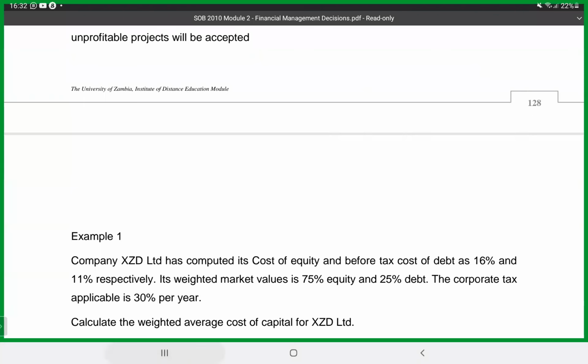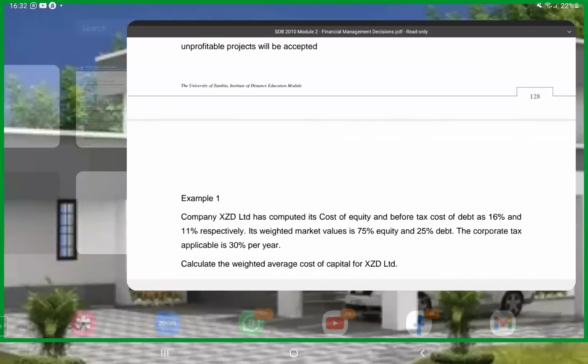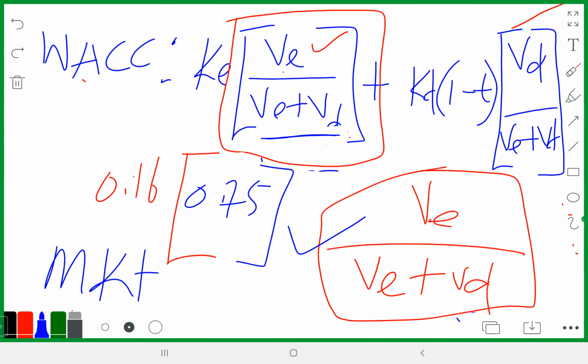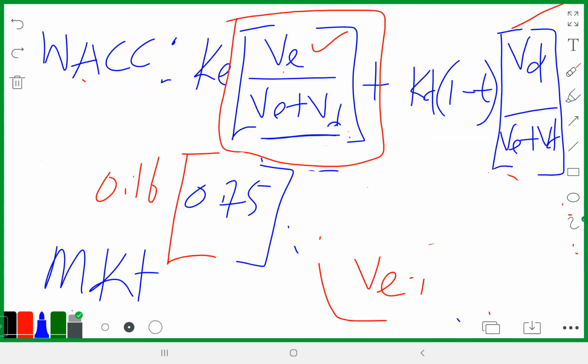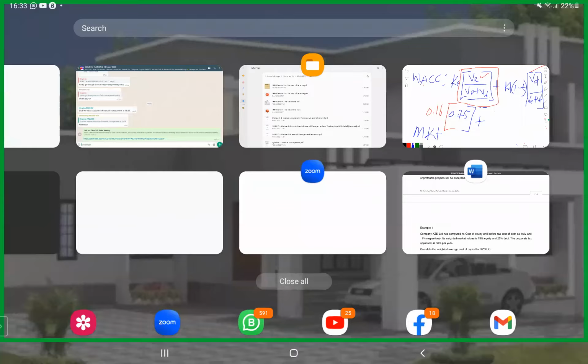So here we are putting 0.75 as the market weight of equity. Then we have the cost of debt, before tax. So plus the cost of debt before tax. What is the cost of debt before tax?